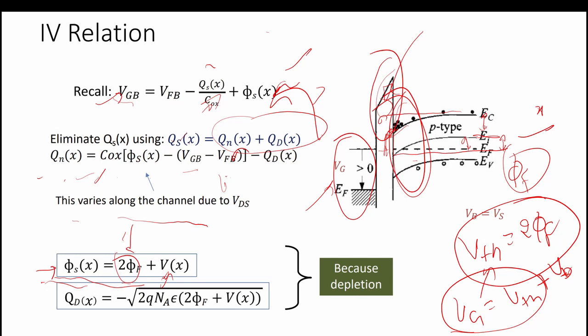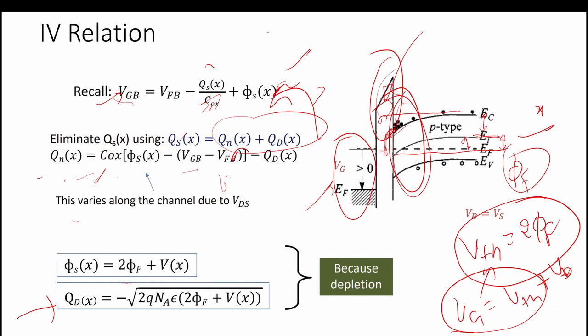This Vx is the variation in voltage throughout the channel length, with the VDS.